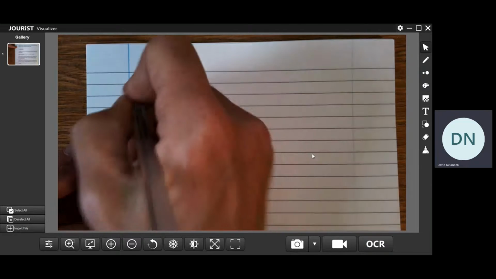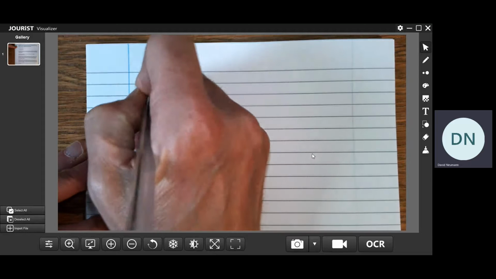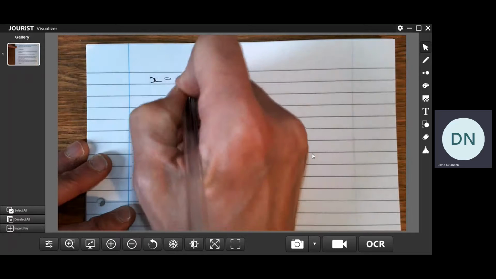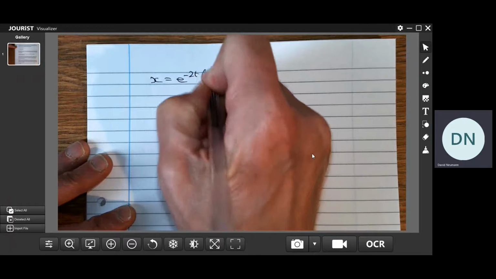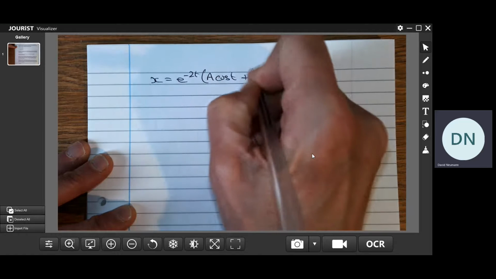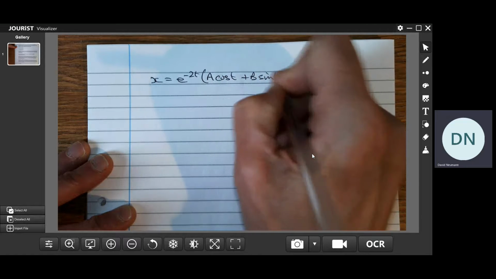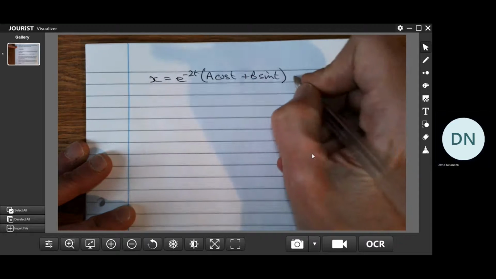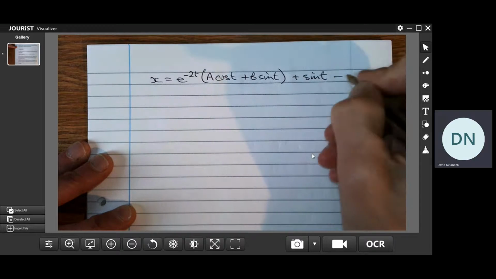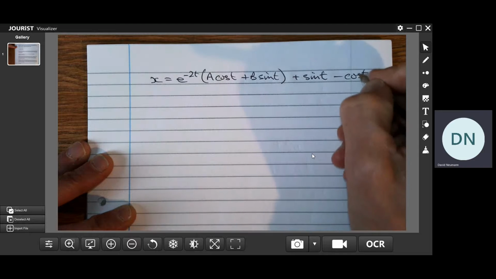Our general solution is x is equal to e to the minus 2t (a cos t plus b sine t) plus sine t minus cos t.